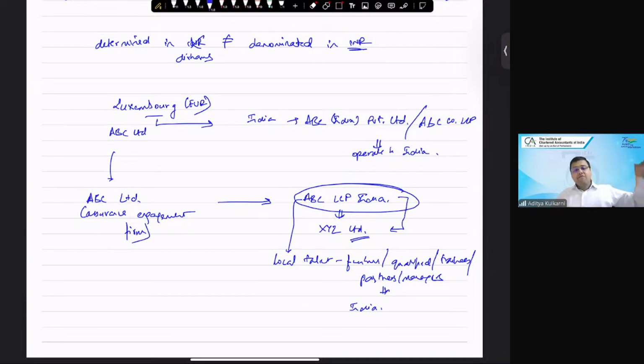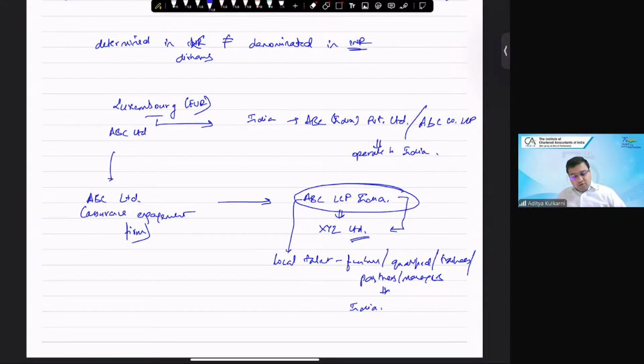So it is Dubai which is influencing their pricing, even though I look at an entity which is incorporated in India. For the Emirates example, the functional currency of the Indian entity continues to remain dirhams and not INR. But in the second case, ABC LLP India is based out of India. Its costs and revenues are determined by the Indian environment.